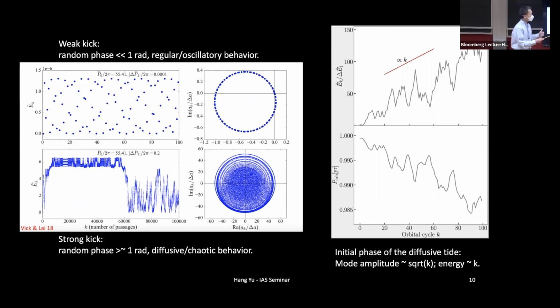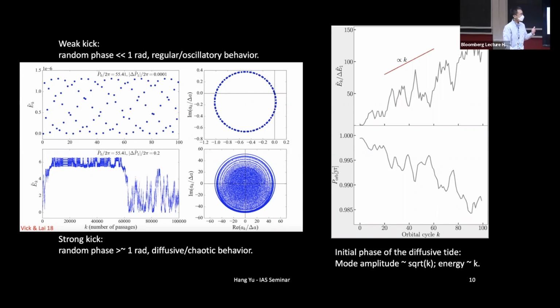So basically, because of the tidal back reaction, the orbital period is no more a constant. And because the mode energy changes from orbit to orbit, the orbital period also changes from orbit to orbit. So this leads to a random phase of the F mode at each pericenter passage.